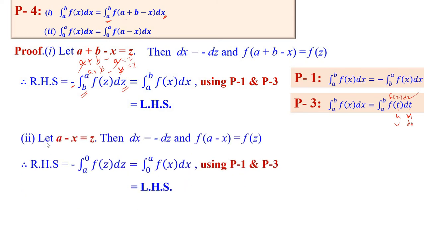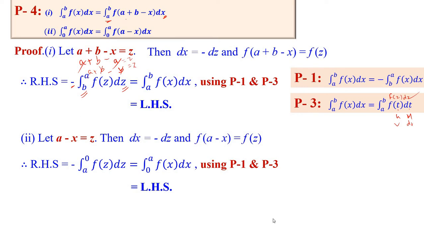Now the second one, if you proceed in the same way, then this is what we have. a minus x should be taken as z. So dx will be minus dz, and f of a minus x naturally will be f of z. And we have the limits.